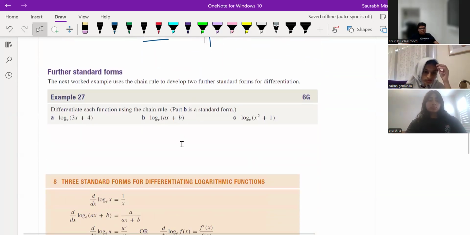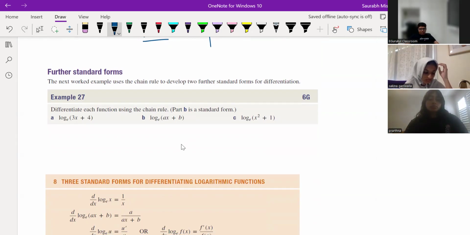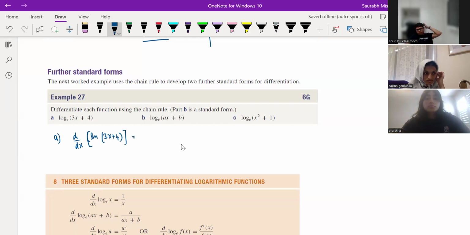Let's do this one. Differentiate each function. Can you tell me, Sakina, for a part, if I do that differentiation d/dx of ln(3x plus 4), what will be the differentiation using chain rule? Sakina?